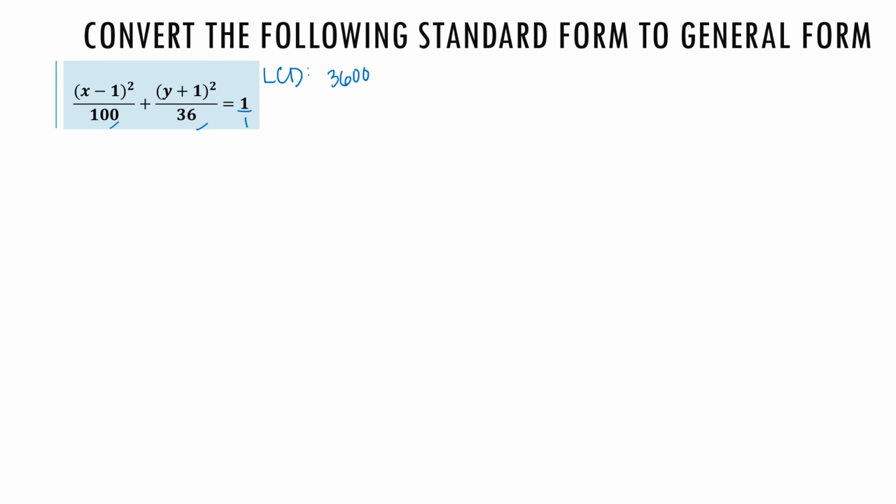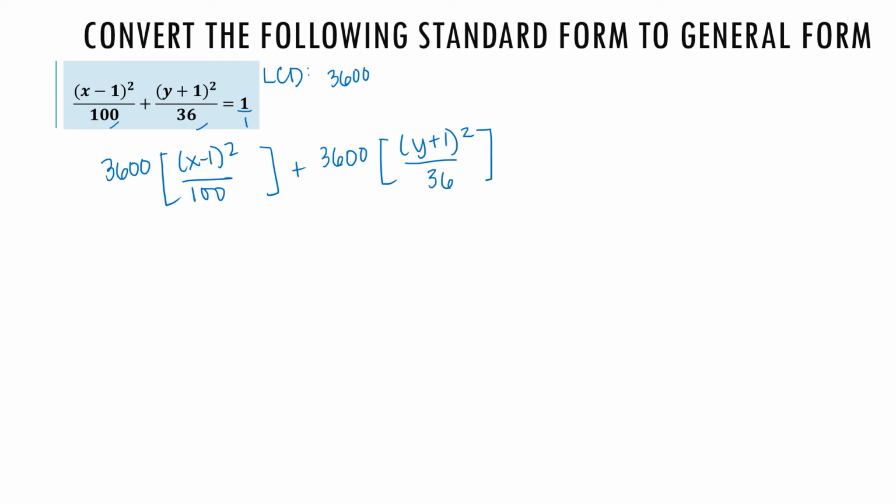Okay, multiply everything by 3,600. X minus 1 squared over 100 plus 3,600 times y plus 1 squared over 36 equals 3,600 times 1.